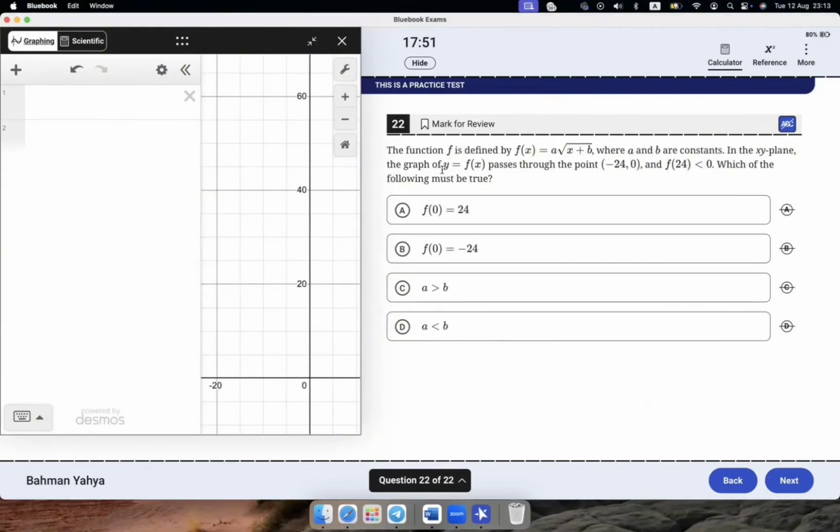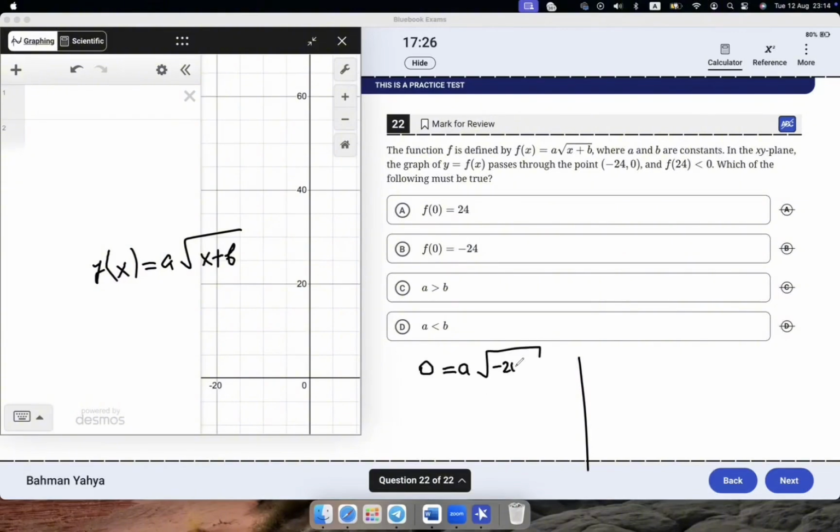Last question, which of the following must be true? Let's do both of them. So what I will do is, first let's check this one. When x is -24, y is 0. If the product is 0, a multiplied by root of something, it means either a is 0 or this one is 0. If that one is 0, it means b is equal to 24.